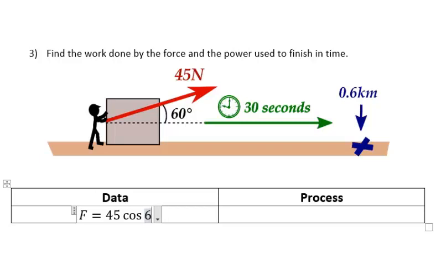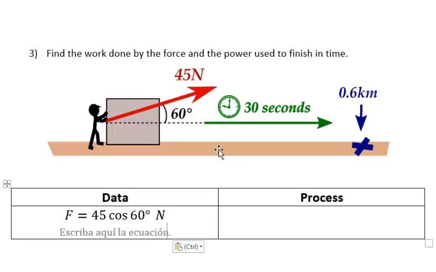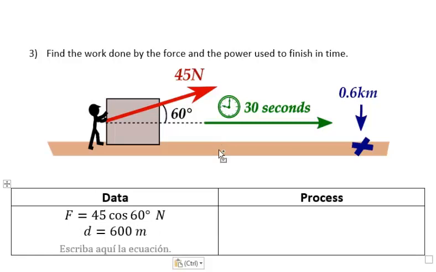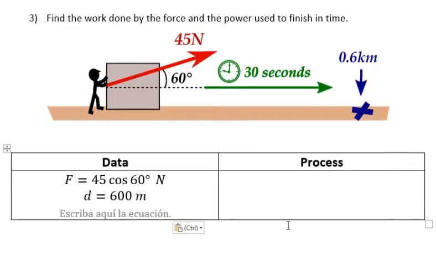Okay, 45 cosine of 60 newtons. Now the distance in this case is 0.6 kilometers. That means it's 600 meters. If you convert it, you're gonna notice that it is actually 600 meters.